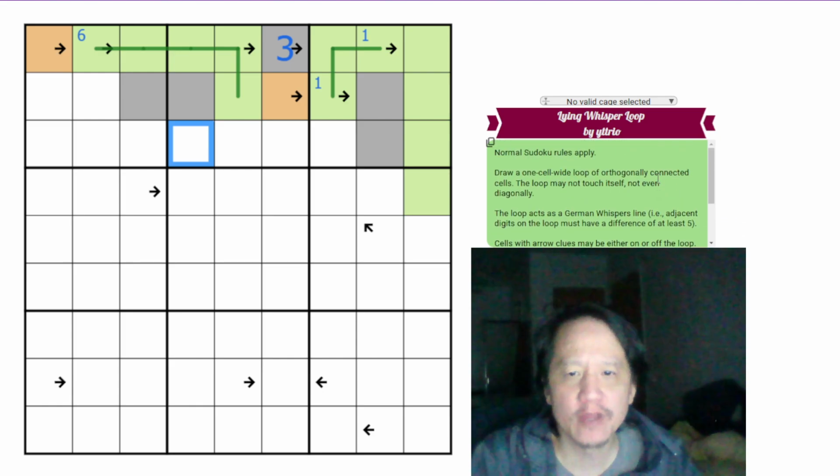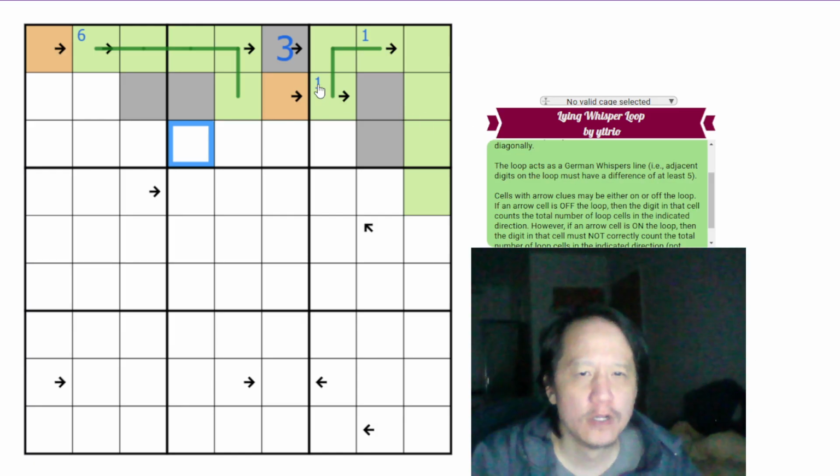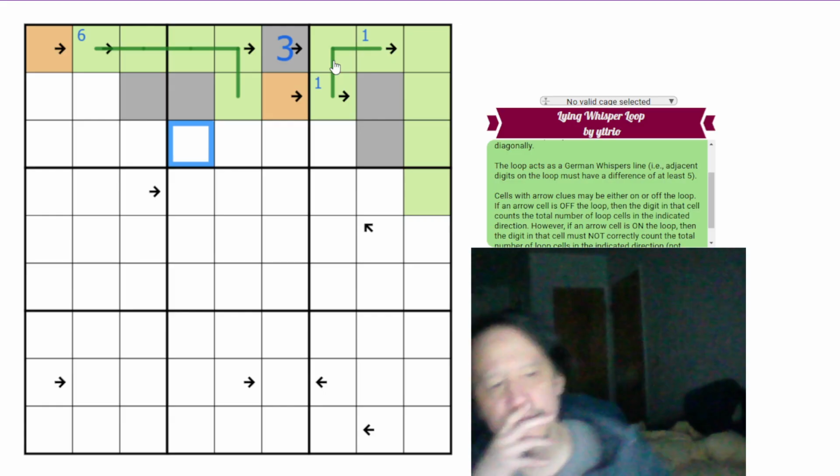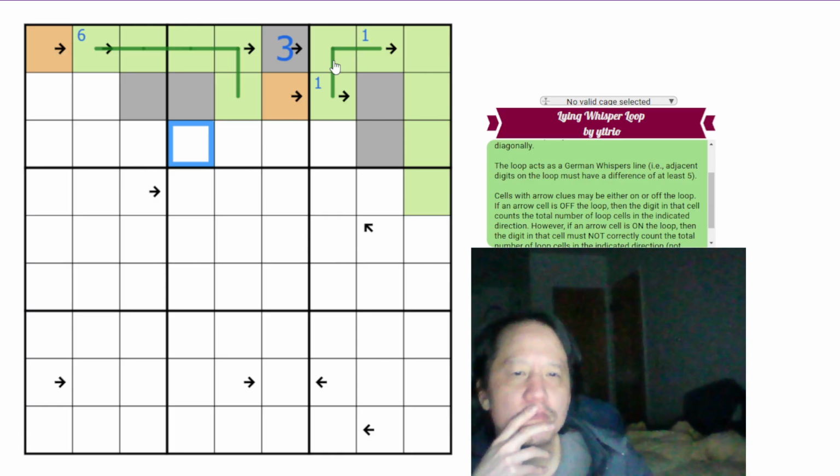Oh, remember, they have to... The loop acts as a German whisper. Okay. Wait. I might have broken something.